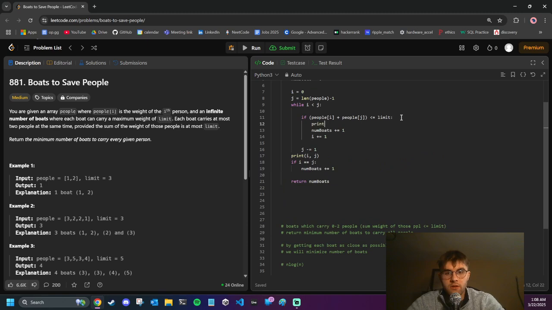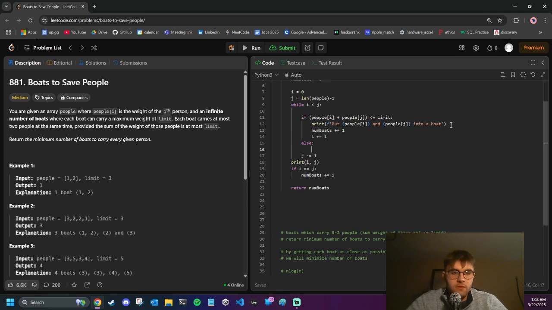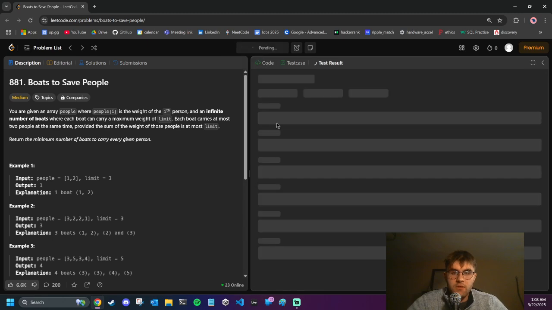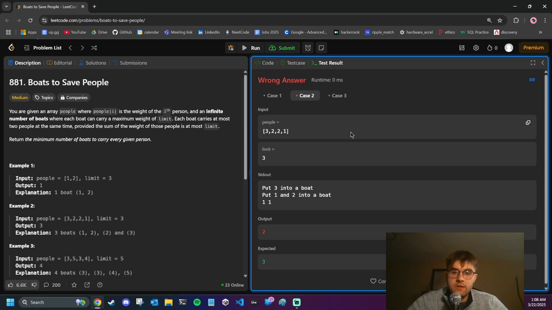Let me put people i and people j into a boat. Oh, we need an else statement. Otherwise, we just put people j into a boat, and then j will go no matter what. So we put 3 into a boat, we put 1 and 2 into a boat.